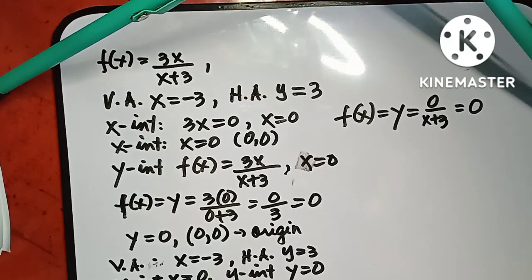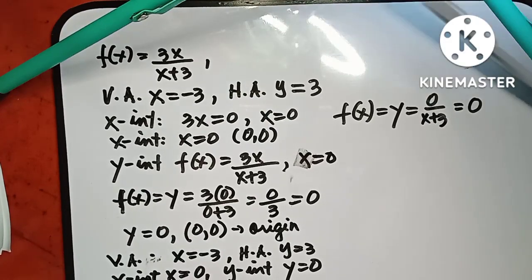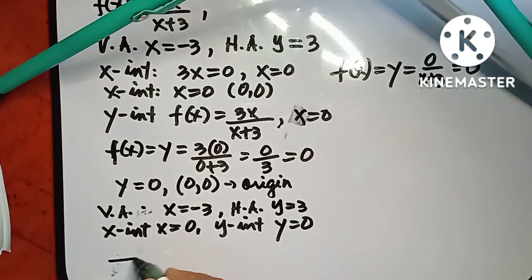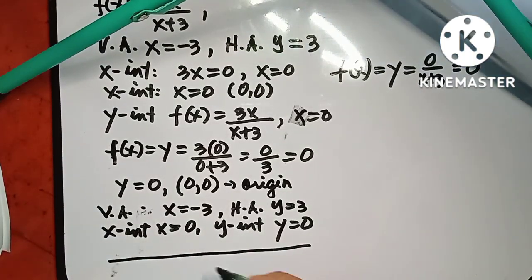So now, to know the behavior of the graph, we are going first to construct intervals. Our intervals are found by constructing a number line.